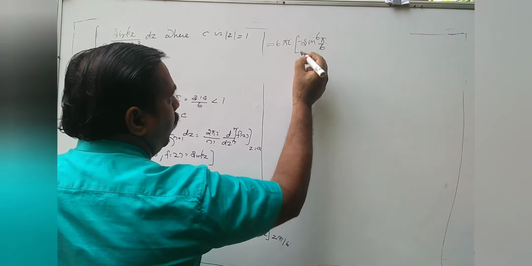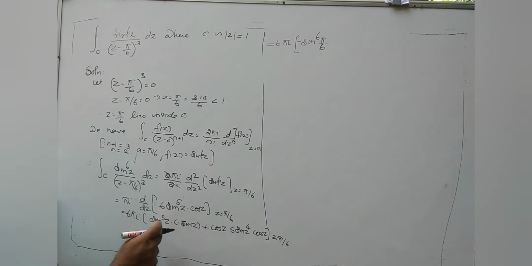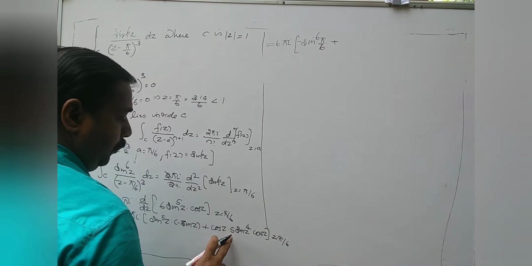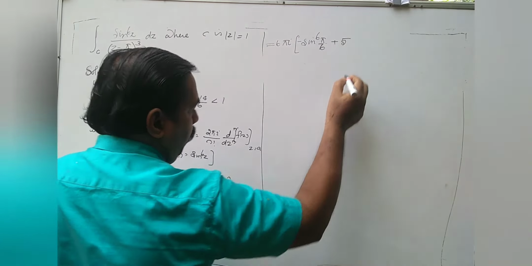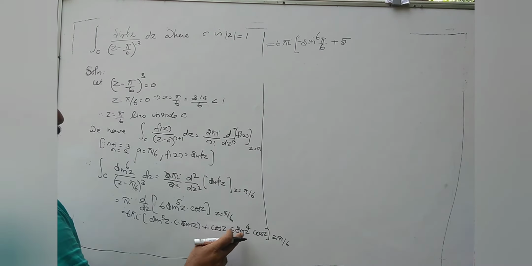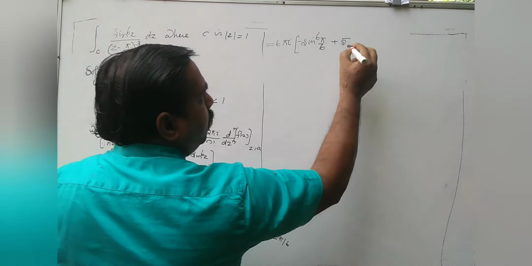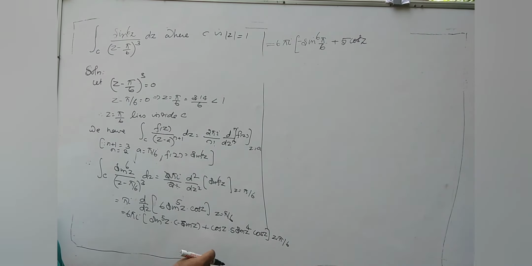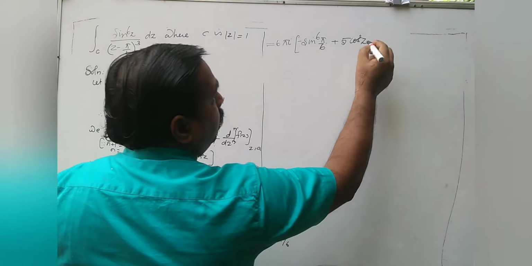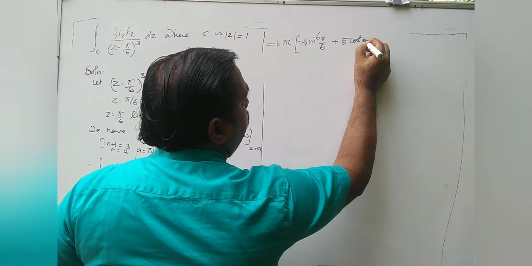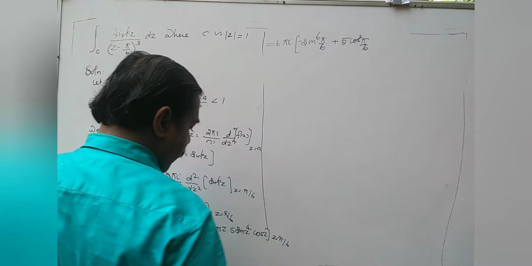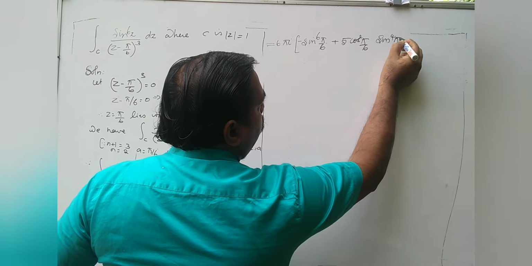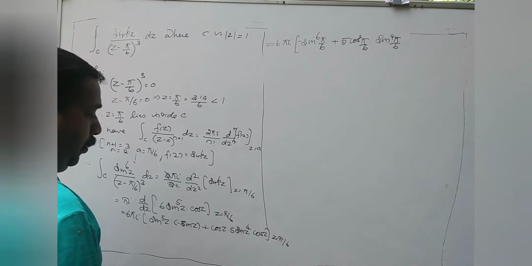There is one minus, so here sin power 1, here 5, that is sin raised to 6, plus here 5 cos z, cos square z, again sin raised to 4 z, that is z is equal to pi by 6, again sin raised to 4 pi by 6.